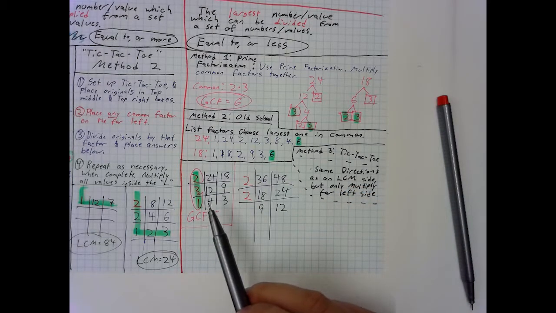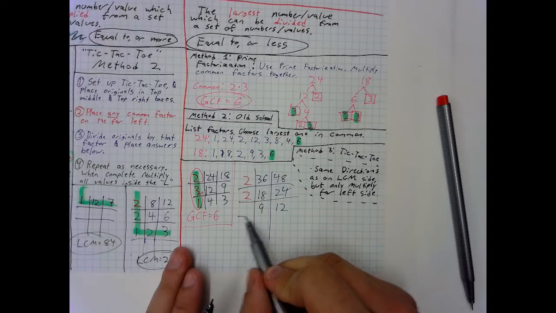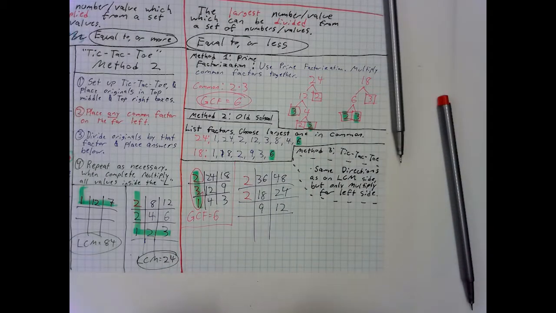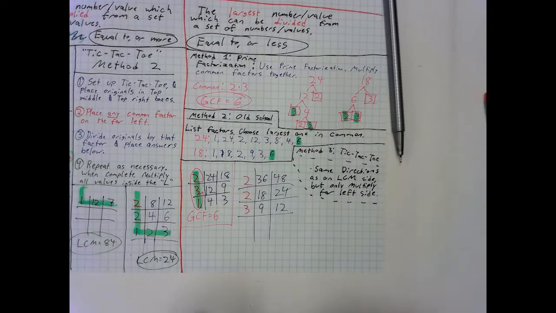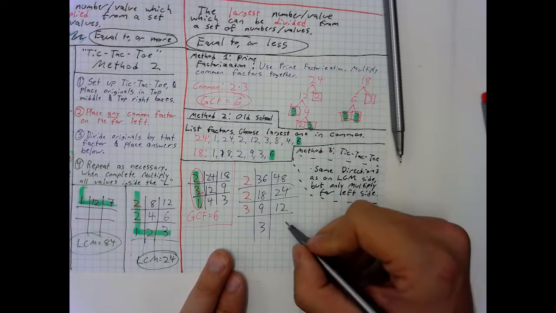But unlike before, I know that I can actually keep going. 9 and 12 are both a member of the 3 times tables, so I'm going to just draw an extra bar and continue moving. I can divide both of those numbers by 3, not 2. 9 divided by 3 gives me 3, and 12 divided by 3 gives me 4.